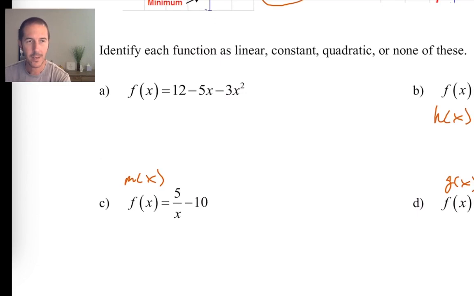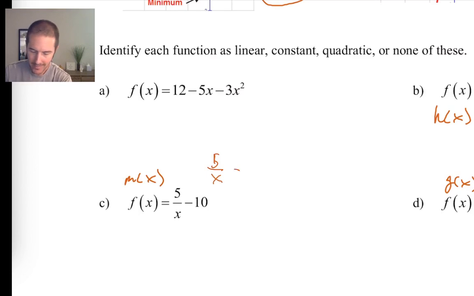Part C here has an x to the first power that's in the denominator. It's not just 1 over x, it's this reciprocal function, but it's been multiplied by 5, which is what caused the 5 to appear in the numerator.